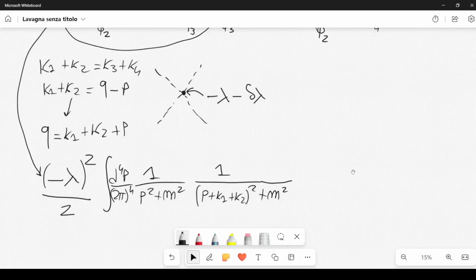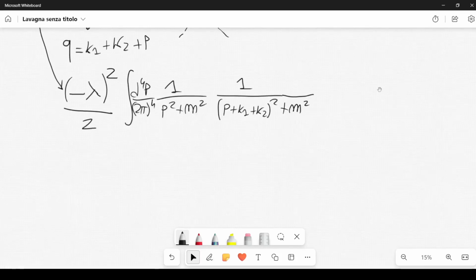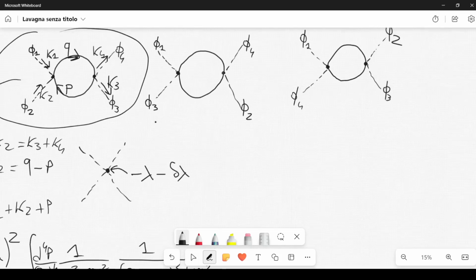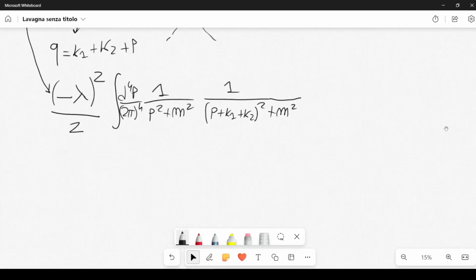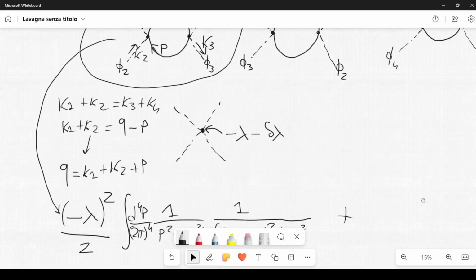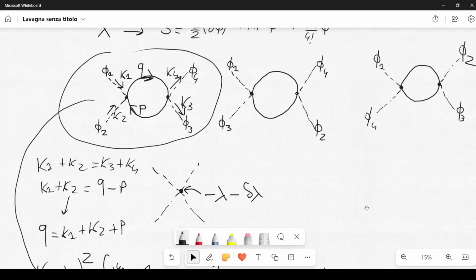This is the expression that I get. Now, to this integral, we also have the contribution given by the other two graphs. This one here and this one here. So I have to add to this integral λ²/2, integral d^4p over (2π)^4, 1 over p² + m². And then remember that in the second graph, I have associated φ1 with φ3.